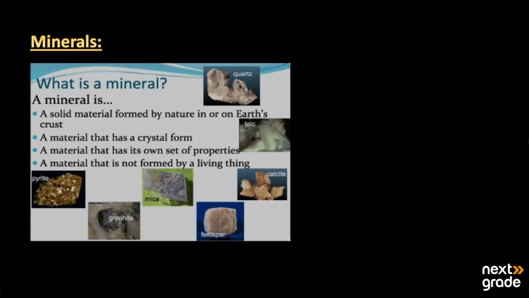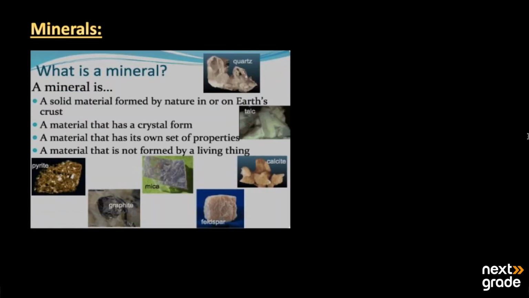First one is mineral. A mineral is a solid material that is formed by nature in or on the earth crust. The mineral may be present on the earth crust surface or in it, depending upon the type of the mineral.